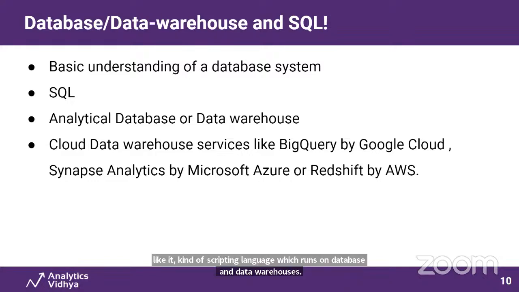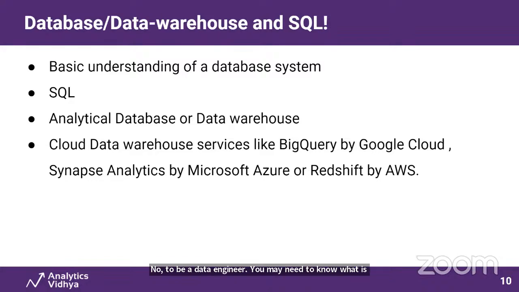Now, to be a data engineer, you may need to know what a database system is and how data is stored in a database system. A database is basically a store where you can store your data in a row-columnar format. It's like a table format where we have rows and columns of data.